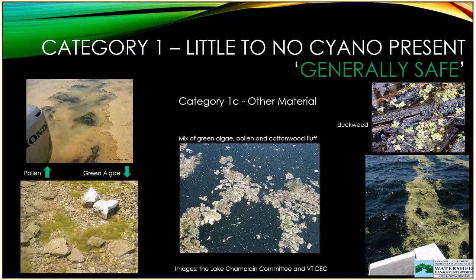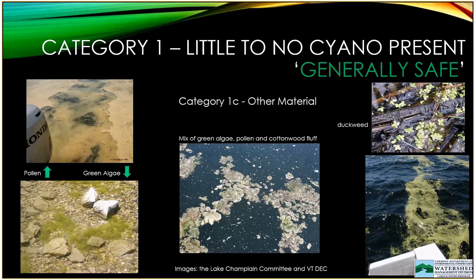When cottonwood and willows release seeds, they're very similar to dandelions. They have that white, fluffy material that allows the wind to carry them great distances. When they fall on the water, that material comes together in masses that look like this, and it captures everything else that's there in the water as well. So again, be looking at conditions on the shoreline when you're seeing something like this, because it might help you interpret what's been accumulating at the water surface.